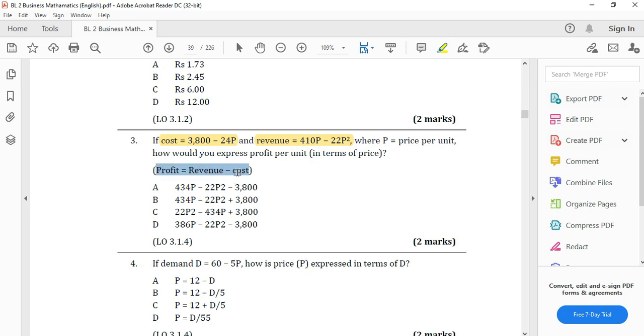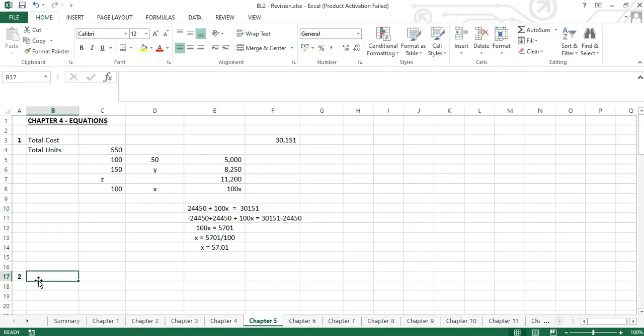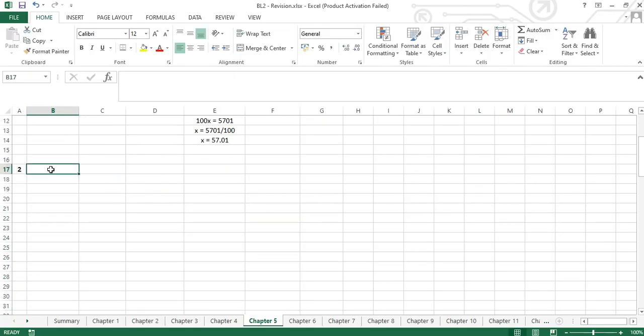They've given profit equals revenue minus cost. So basically they are asking for the profit equation. Right. So we know profit equals revenue minus expenses. What's the equation for revenue given?